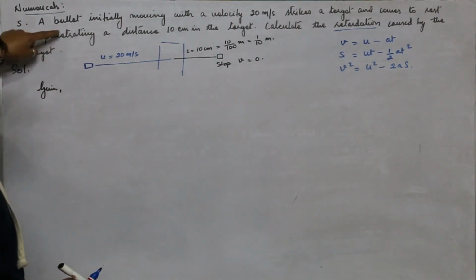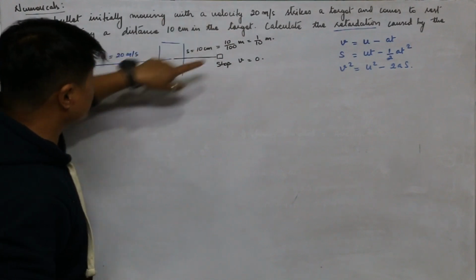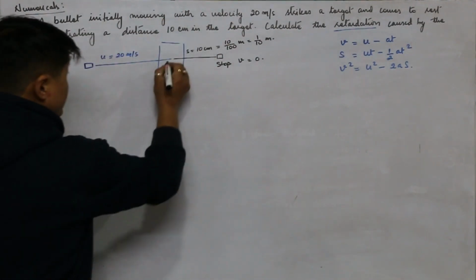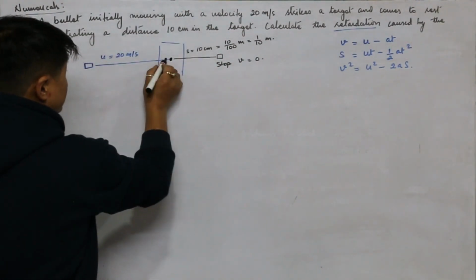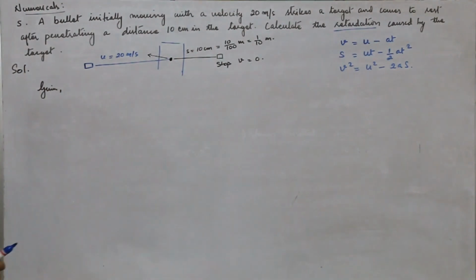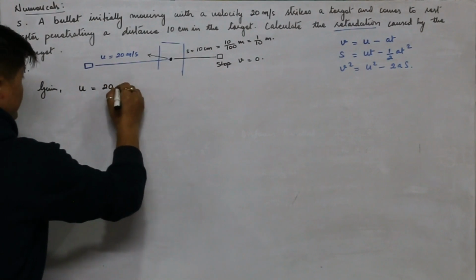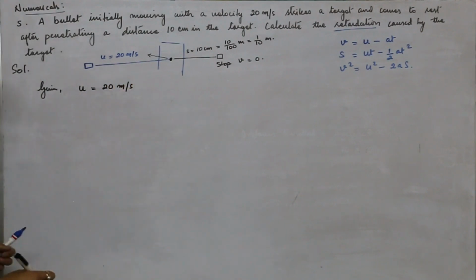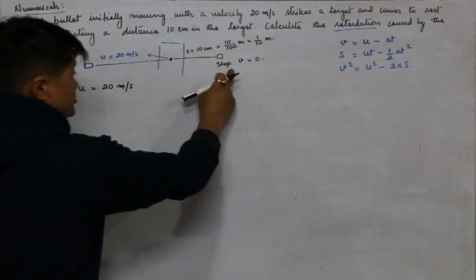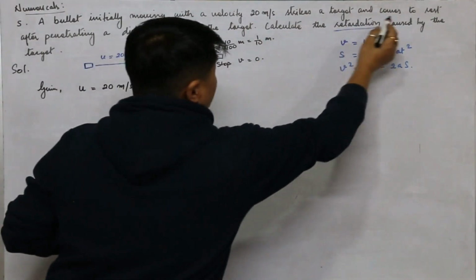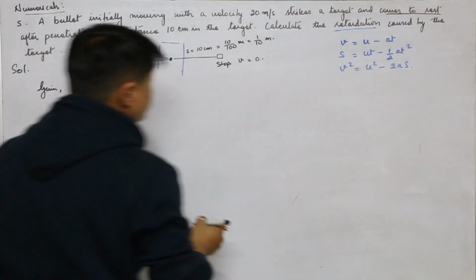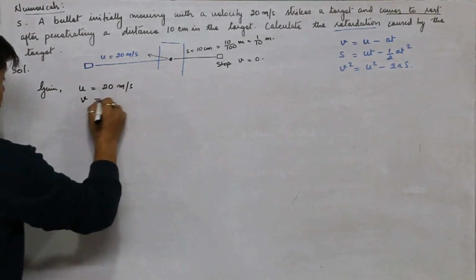Here we can see that the bullet is initially moving with a velocity of 20 meter per second. So before it hits the target, the velocity will be 20 meter per second. So that means initial velocity u is equal to 20 meter per second. Okay, and finally it comes to rest. It is given comes to rest. So final velocity will be 0.